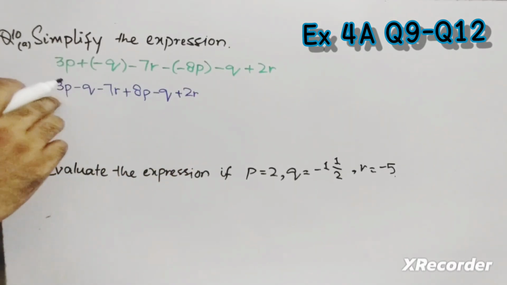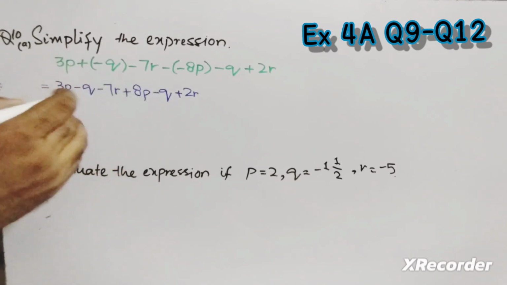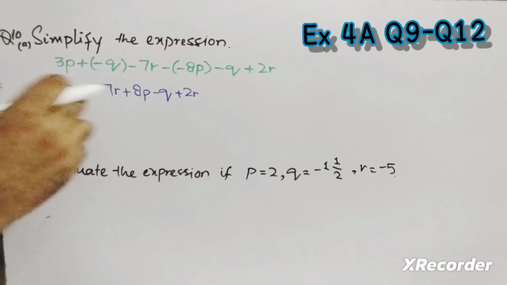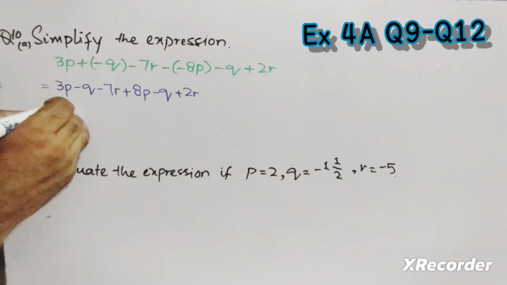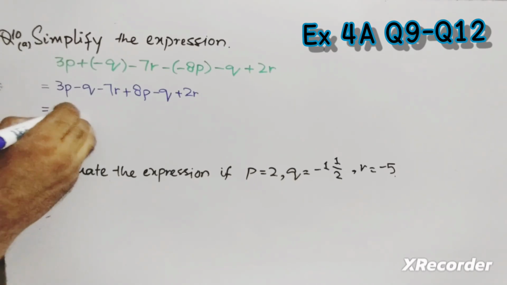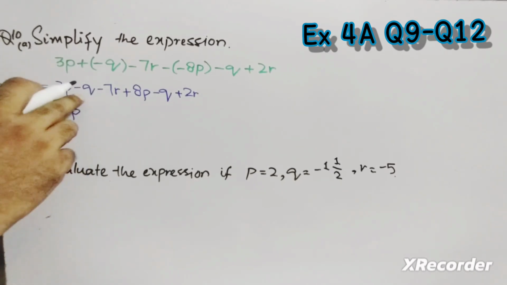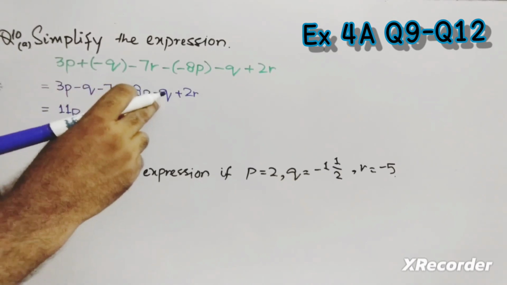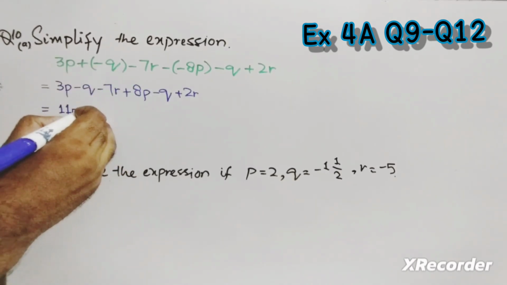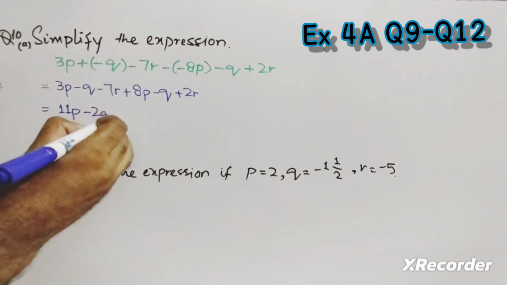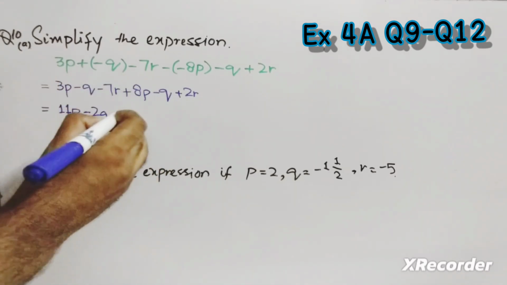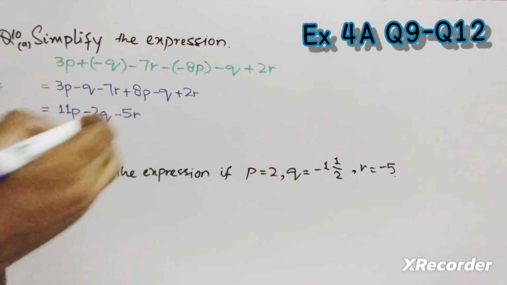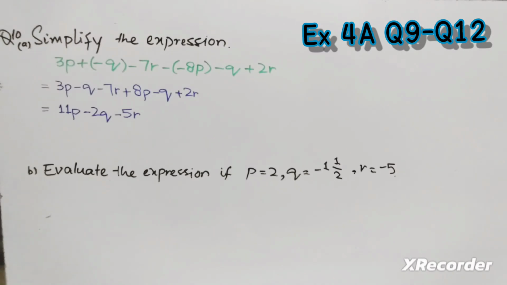Now we solve the expression by grouping the same variables. 3p plus 8p becomes 11p. Now minus q, again minus q, minus q minus q is equal to minus 2q. Minus 7r plus 2r becomes minus 5r. That is our simplified expression.